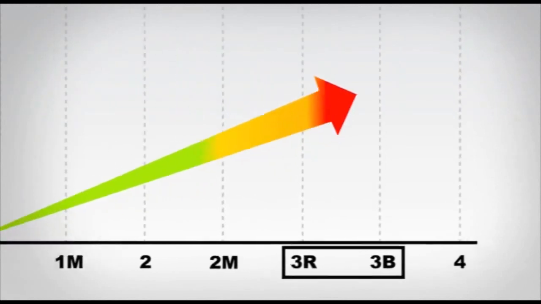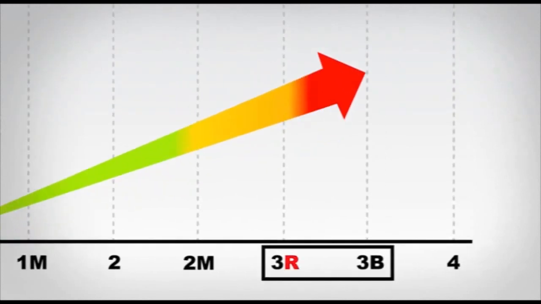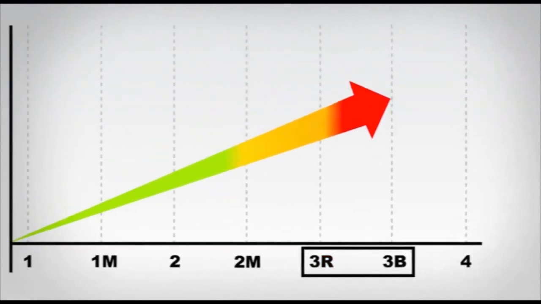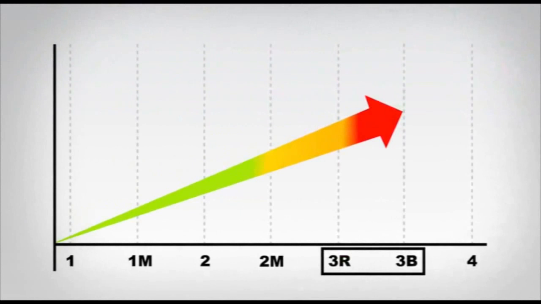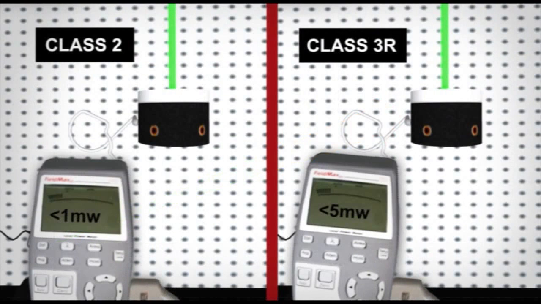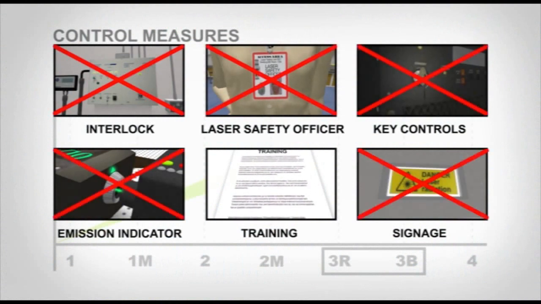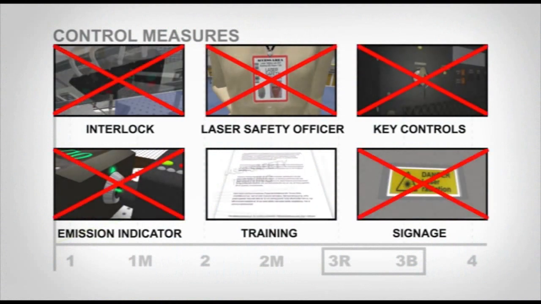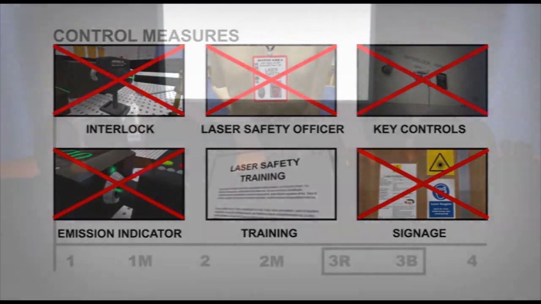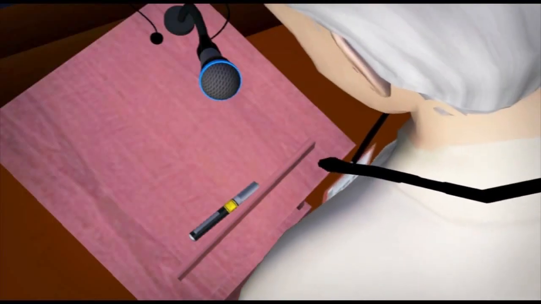The R in Class 3R lasers means the reduced or relaxed requirements in terms of how they are used, and they are lower power than Class 3B lasers. Class 3R and 3B lasers can be either invisible or visible. Please note that you will need minimal training to use Class 3R lasers because they can pose a dangerous optical hazard if exposed to the naked eye.